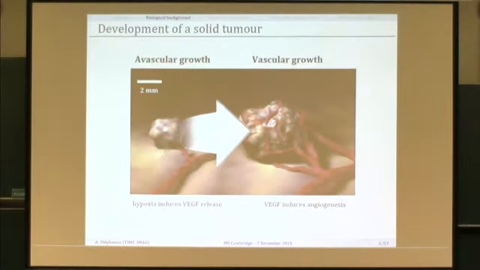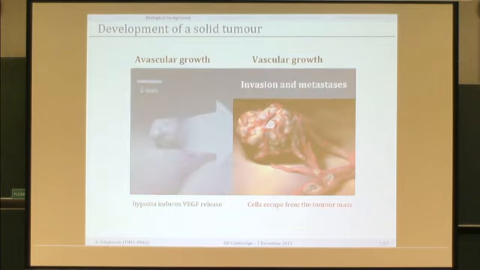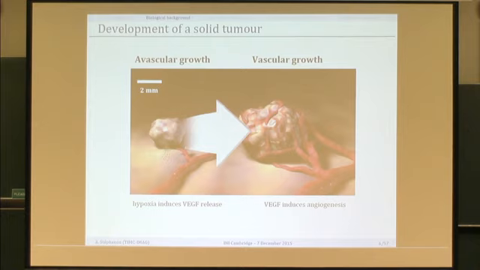So I will briefly go back to the development of a tumor. Mark already explained most of it very nicely this morning, so that will be short. The tumor starts to develop avascularly, and it reaches a size of about 2 millimeters, and then the cells become hypoxic, and so they start to release some growth factors, mainly VEGF, that diffuse in the environment, and it is detected by the endothelial cells forming the vessel walls, and so the cells detach and they migrate toward the source of VEGF, and so we have the vascular growth of the tumor in the second stage.